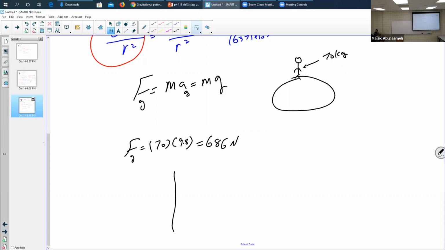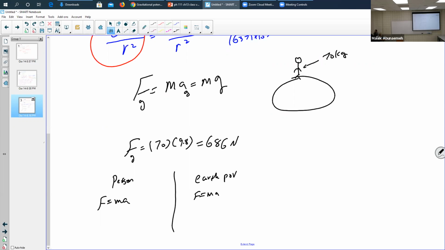Now let's look at it from the point of view of the person on the Earth. Your force equals your mass times your acceleration.